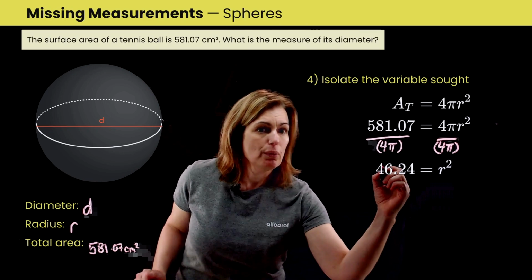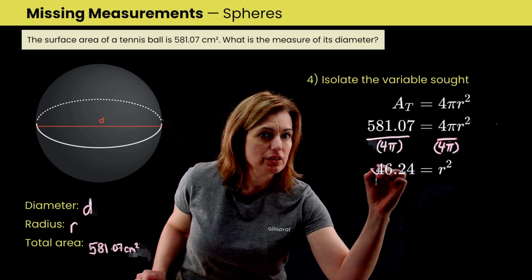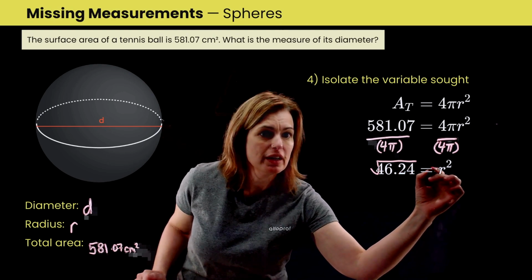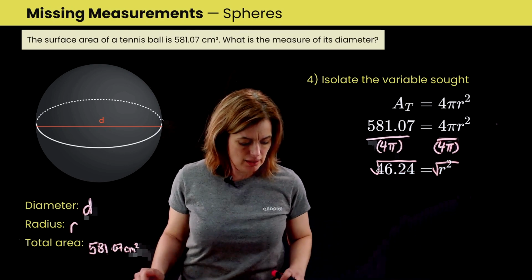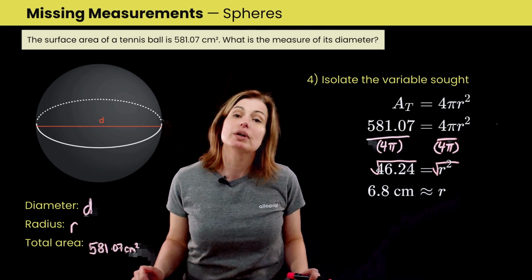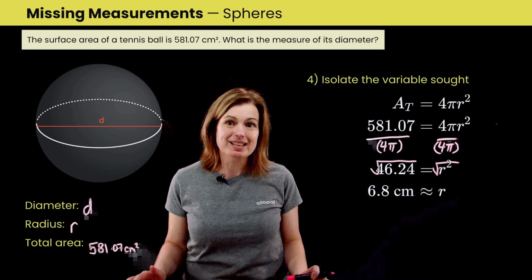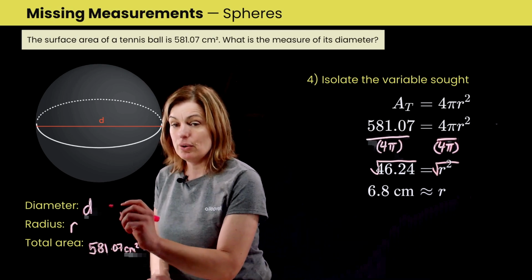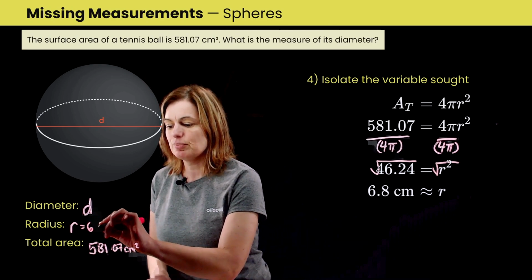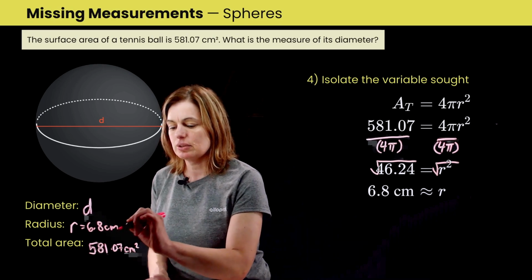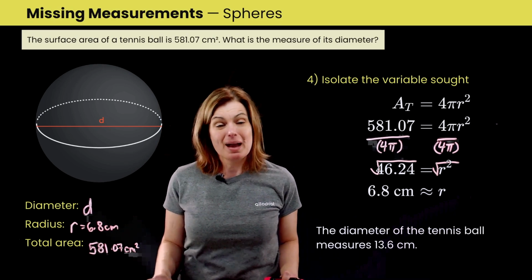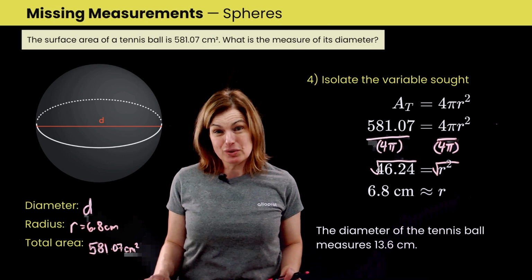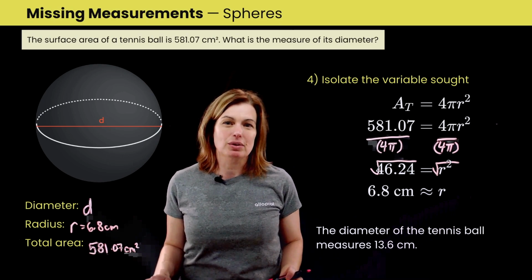So to get what one radius is, I'm just going to have to take the square root of both sides here. And that gives me a radius of 6.8 centimeters. So the radius is 6.8 centimeters. That means that the diameter of the tennis ball is going to be 13.6 centimeters.